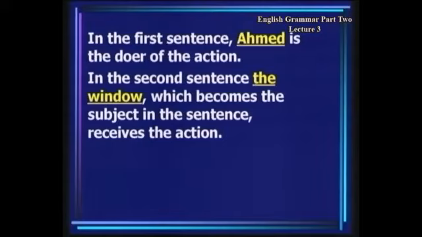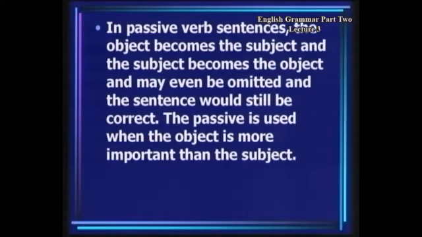But in the first sentence, Ahmed is the doer of the action. Ahmed broke the window. Right. In passive verb sentences, the object becomes the subject and the subject becomes the object. How is that? The agent may even be omitted and the sentence would still be correct.